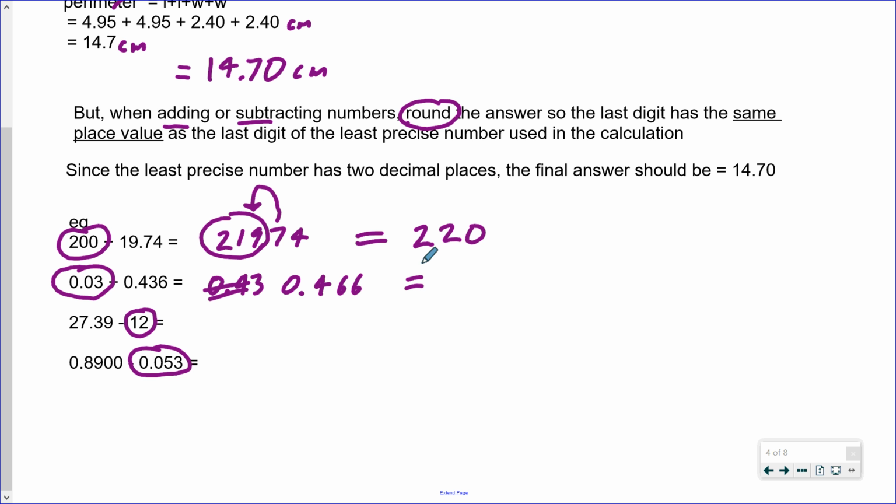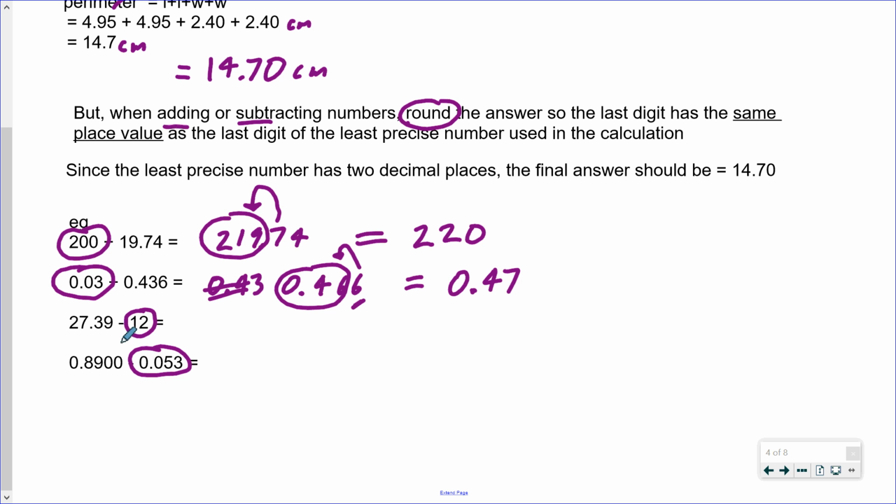So now what I need to do is round, but my rounded answer can only be to the 100th position. So again, what I'm going to do is look at these ones here. I need to bump up the previous one because this one here is 5 or greater, and it becomes 0.47. Rounded to the decimal place that we find in the least precise original number.